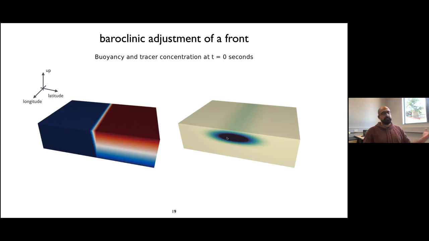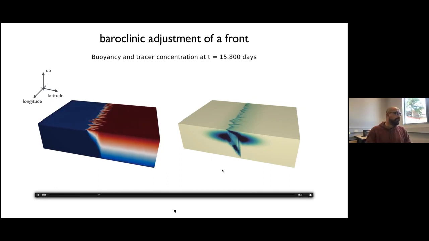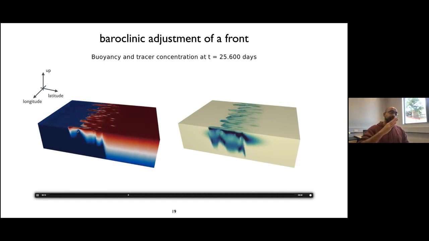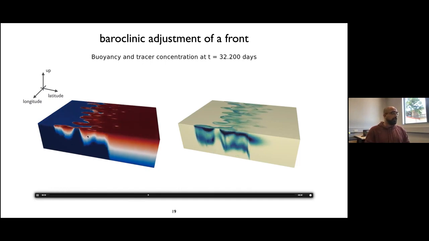On the right, you see the same setup, but with a tracer that initially is just where the blue thing is. As we let this go, you see that the front becomes baroclinically unstable, eddies form, and the isopycnals slump a lot, so they are not as steep now.